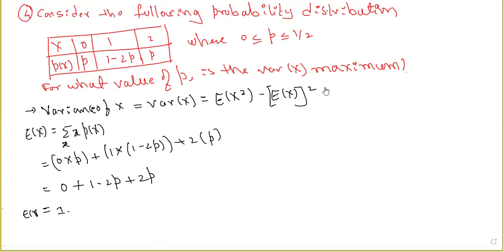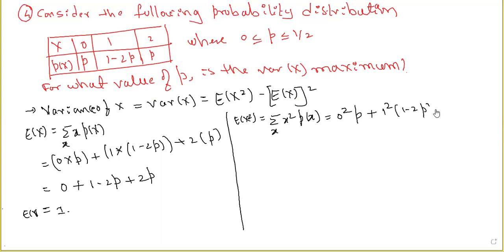Clear? So now here we found only expected value. Next we need to find expected value of x square. We know that expected value of x square is summation x square into p of x. This is nothing but 0 square into p plus 1 square into 1 minus 2p plus 2 square into p. 1 square will be 1, that is 1 minus 2p plus 4p.